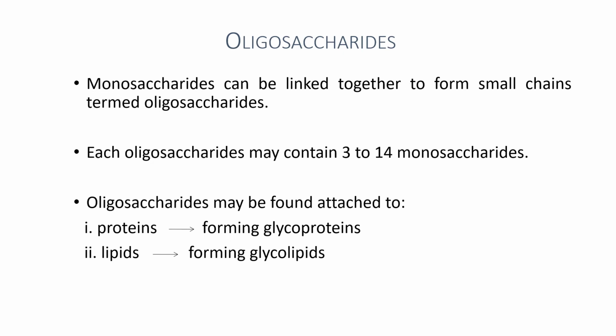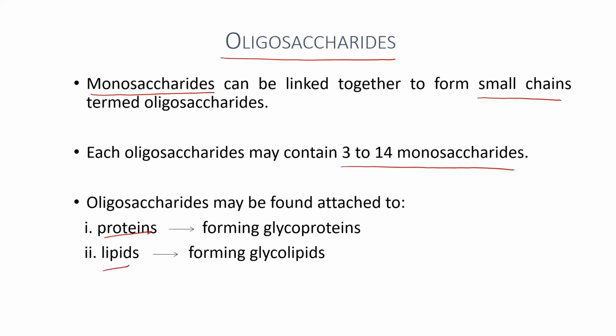The third group of carbohydrates is the oligosaccharides. Oligosaccharides consist of monosaccharides linked together to form small chains, about 3 to 14 monosaccharides linked through glycosidic linkages. Oligosaccharides may be found attached to proteins and lipids.